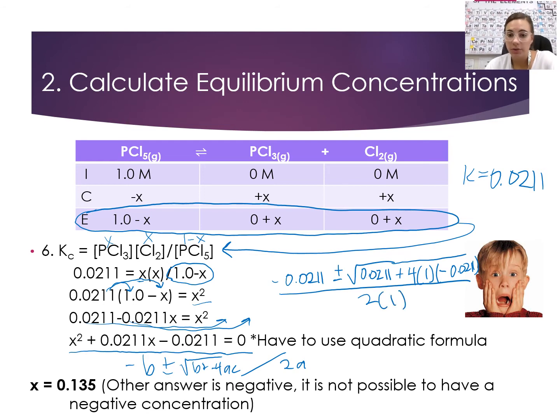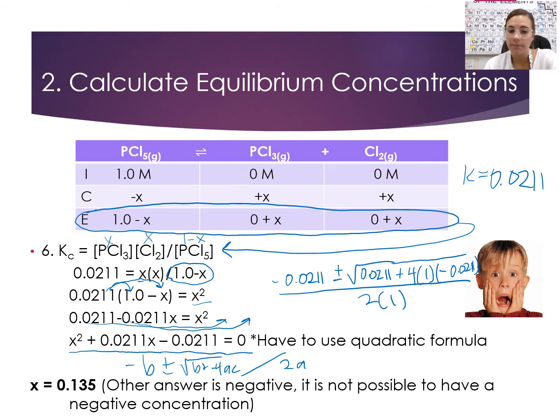When you do that in your calculator, you are always going to get 2 values of x for quadratic formulas. You can graph this if that's how you solve for x when you do quadratics, or you can plug it into the quadratic formula. It does not matter. You're going to get 2 answers.